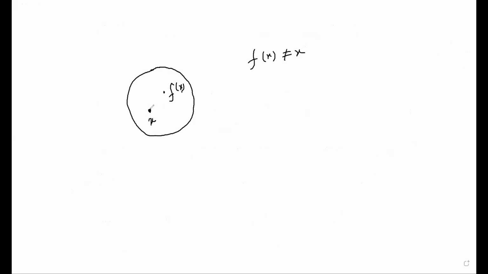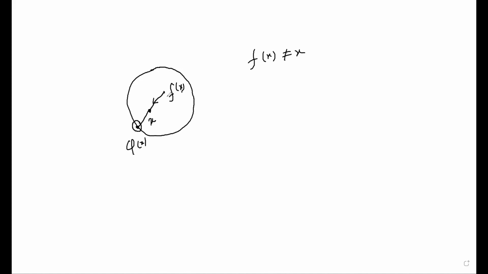So for every x in the disk, you get a different point f of x. Now what you can do is draw a ray from f of x through x and extend this ray until it cuts the boundary of the circle. So you have a point x, you get another point f of x, you draw the ray in the direction from f of x to x, and you extend this ray until it cuts the boundary. It gives a point, let's say phi of x.